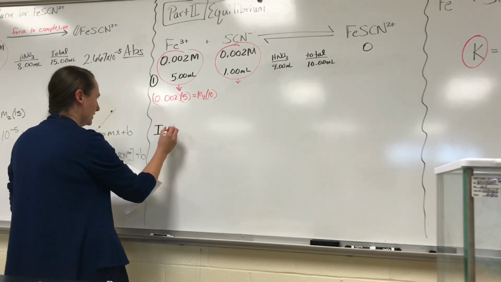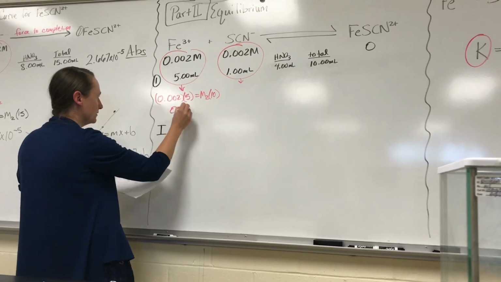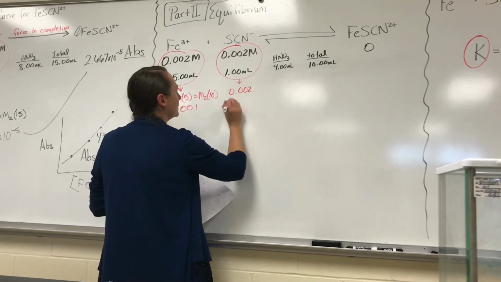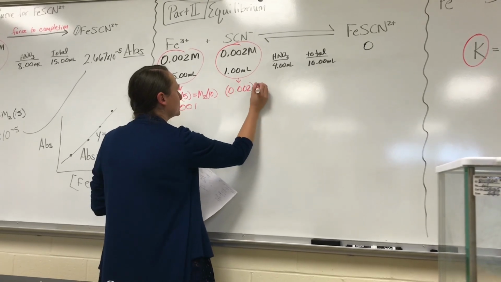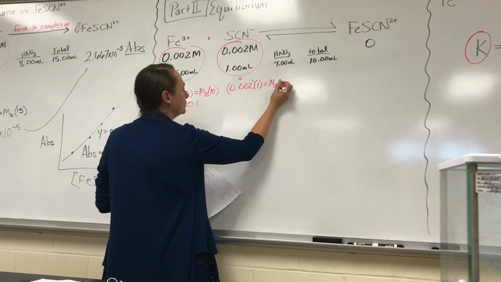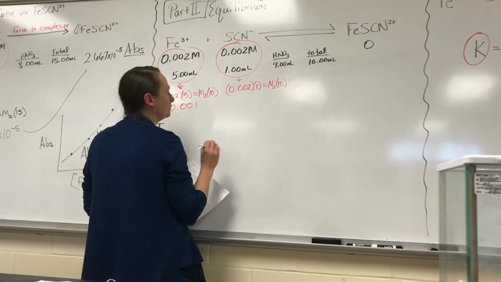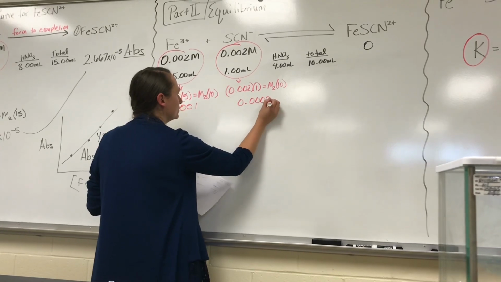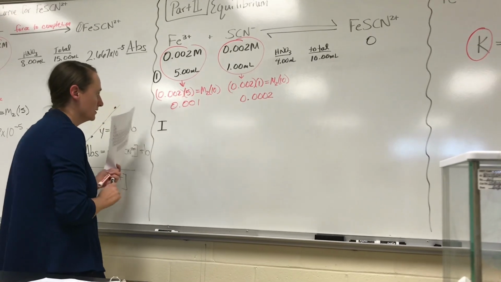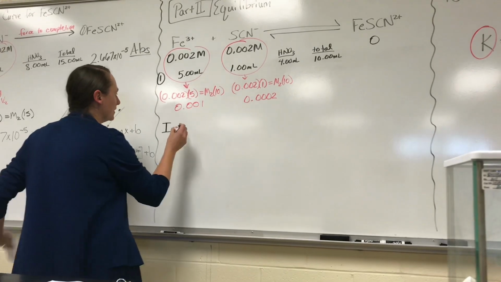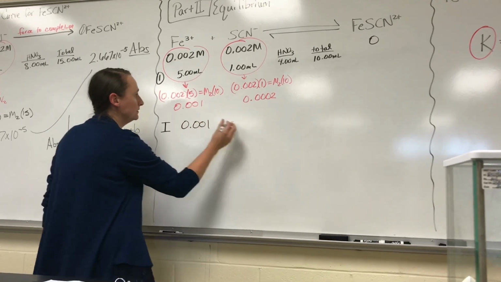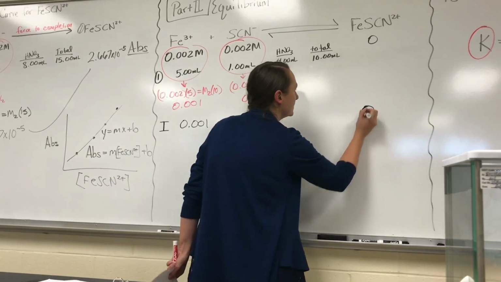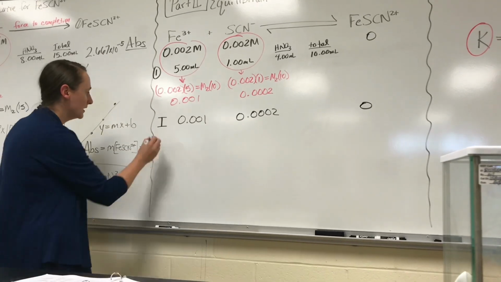And that is 0.001. And for this one, if we do 0.002 molar times 1 mL, we get the diluted concentration when diluting to 10 total milliliters, which is 0.0002. So when we set this ice table up, our initial is 0.001, 0.0002, and we have 0 of the iron thiocyanate.